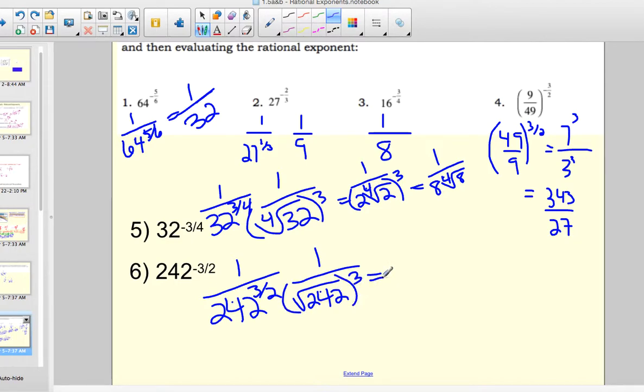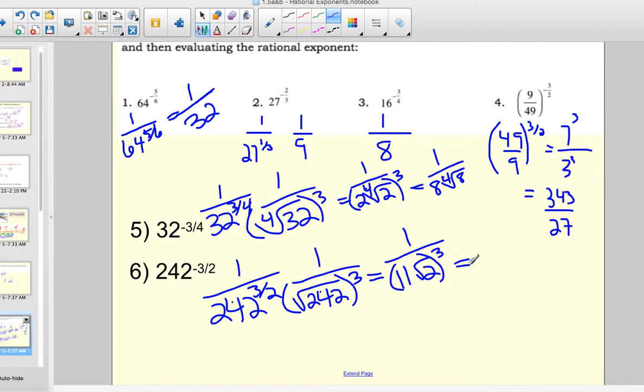The square root of 242 is not perfect, but 121 is, and that's half of it. So we're going to take out an 11, because the square root of 121 is 11. So then I have 11, and what's left is the square root of 2, and that's all raised to the 3rd power.